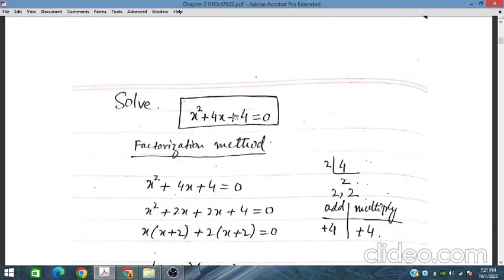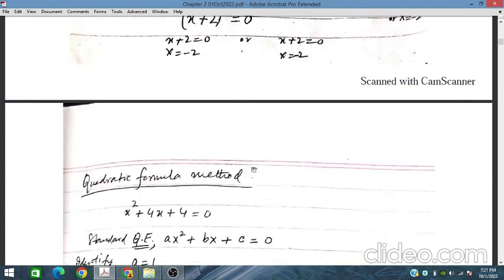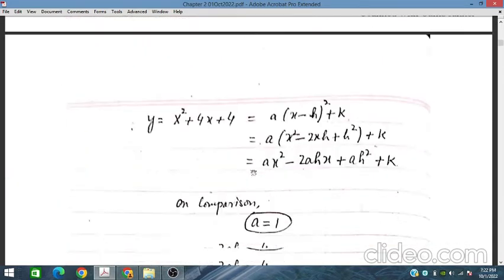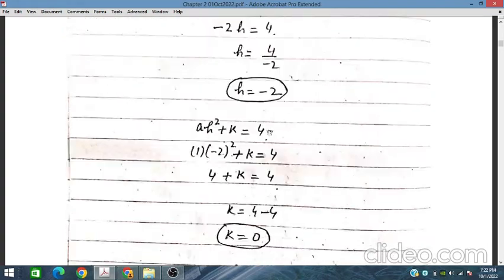Similarly, for the second case, this is a perfect square. So we have obtained this solution. But here in this plot, there are two roots at the same location. So we will get the results like this. Here, this curve is touching the x-axis at one point. In the previous case, the curve was cutting the x-axis at two different points. You can see it here.